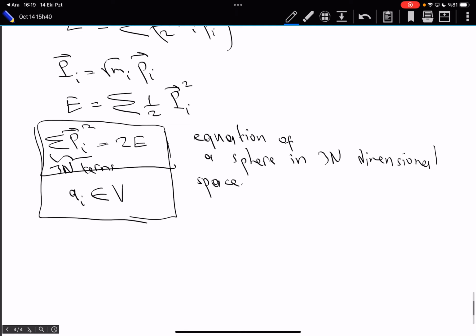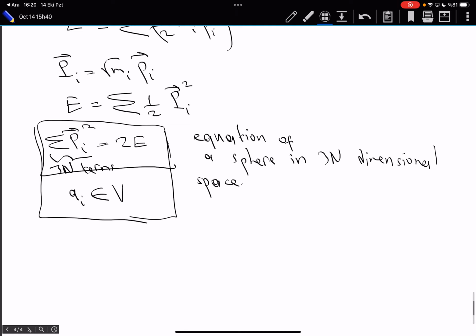That is the surface where my system is allowed to be. My system cannot be outside, but it has to be on the surface. And counting will be problematic. We will come to that later on. But at least you probably agree with me that the number of microstates will be proportional to the surface area of this hypersurface. The larger the surface area, we would expect a larger number of microstates.